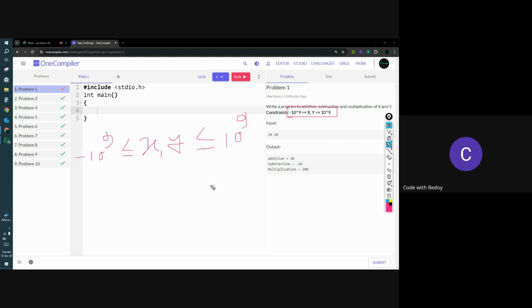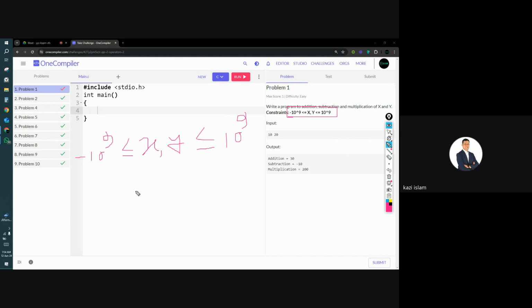That means what can be the maximum value for x? 10 to the power of 9. And what can be the minimum value?